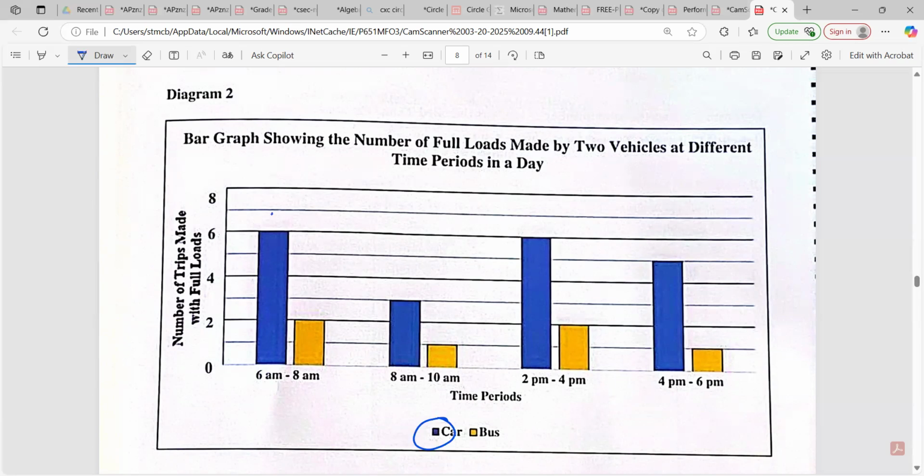So I'm going to check how many cars: this is 6, this is 3, this is also 6, and then this was 5. For the other one now, this was 2, 1, 2, 1.